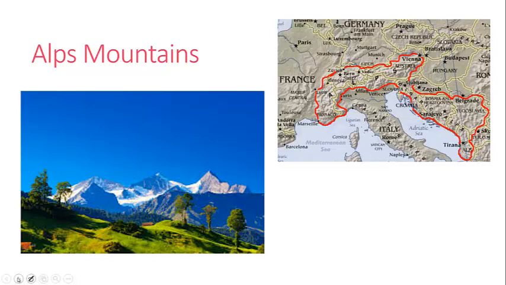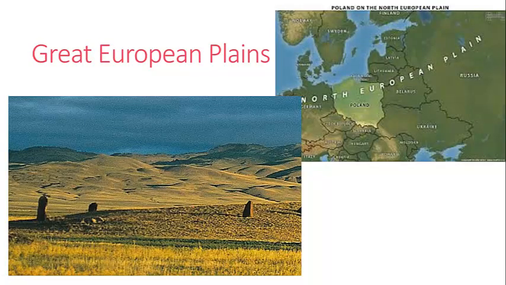Those are the Alps mountains. Our next part is the Great North European Plains. The Great Plains span all the way through the northwestern parts of Europe and into Russia.